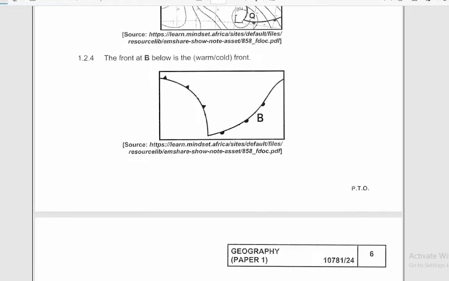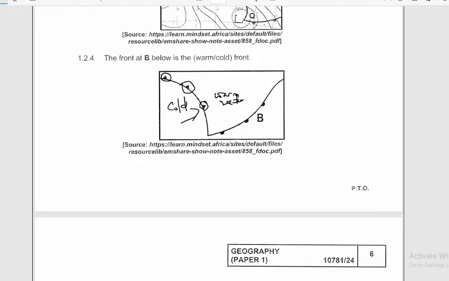And geographically, we use this symbol here as indicated. These are triangular inclinations which are added to this line here. They show that this is cold air. So it means cold air is coming from this side. It's advancing in that direction. So the boundary which is marking the zone between cold air from this extreme west going to the east is the cold front. So this one becomes our warm sector.